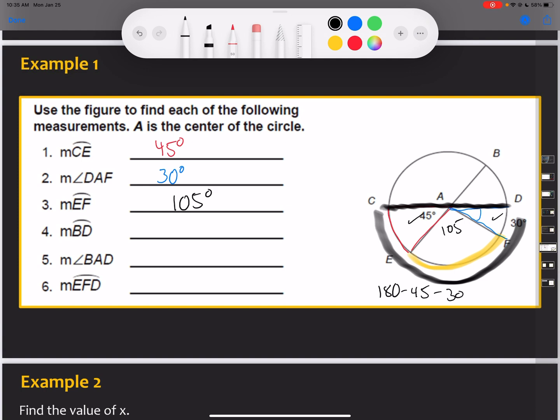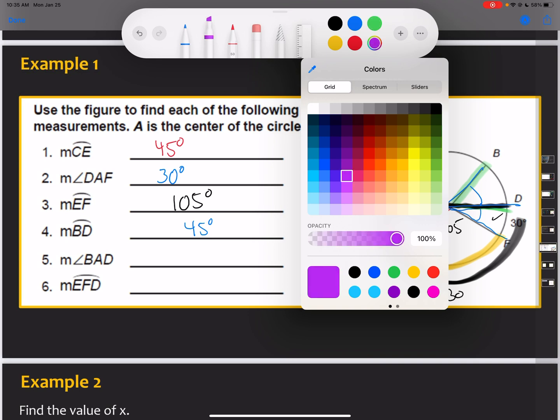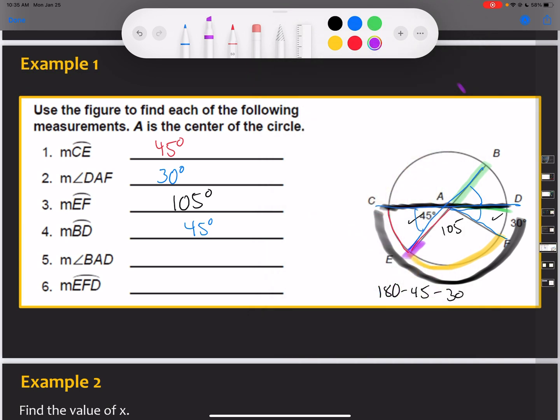Then we have BD. Some more fun things that start to happen is you'll notice that this relationship between this angle is something that you've seen before. It's called a vertical angle. So if this is 45, that means BD is also 45. But we could also do the same thing. I know I'm drawing a lot of different colors, so it's kind of hard to keep track, but we've got here a diameter.